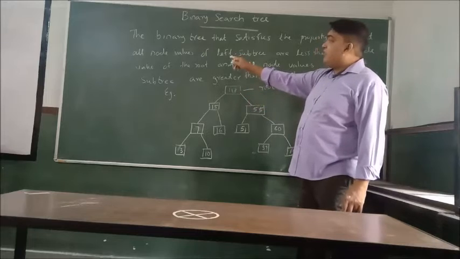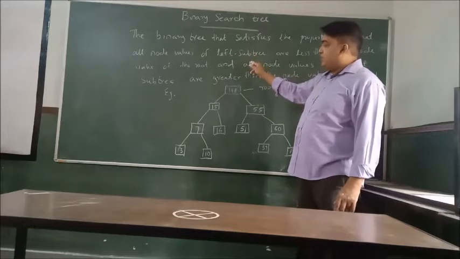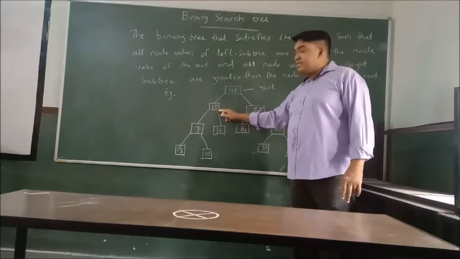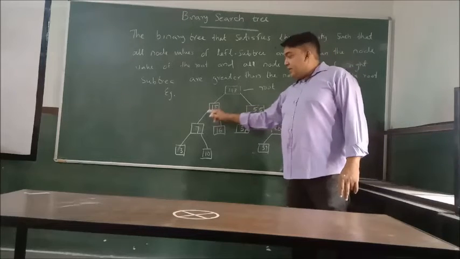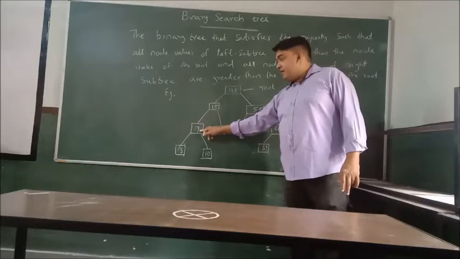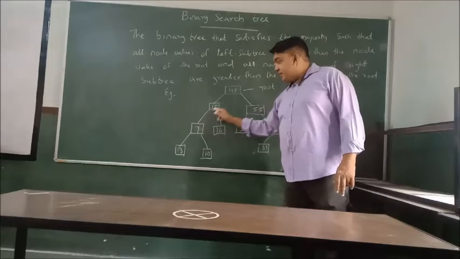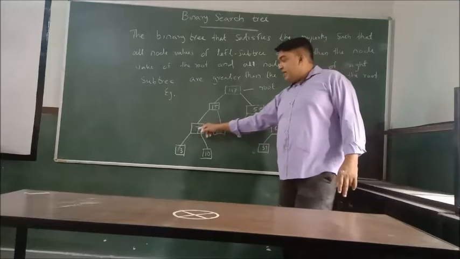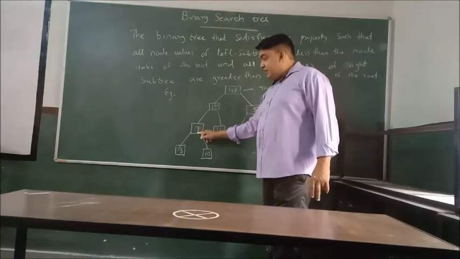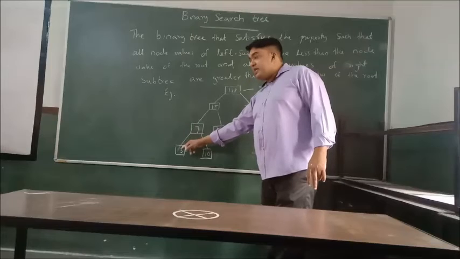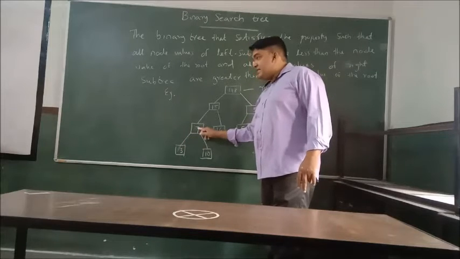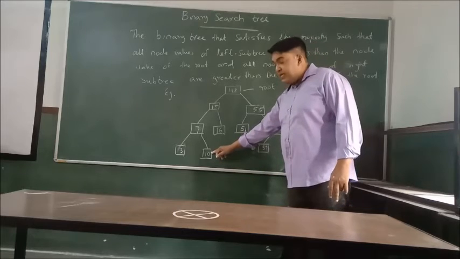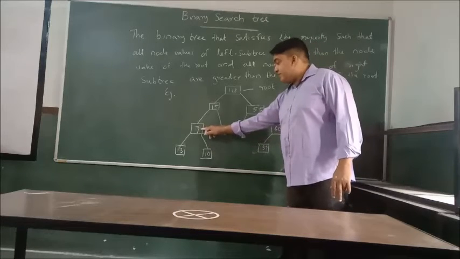Suppose you take this node 15: check the left side, which is less than 15; check the right side, which is greater than 15. Again check the node 7. On the left subtree it has values less than 7, and on the right subtree you can see values greater than 7.